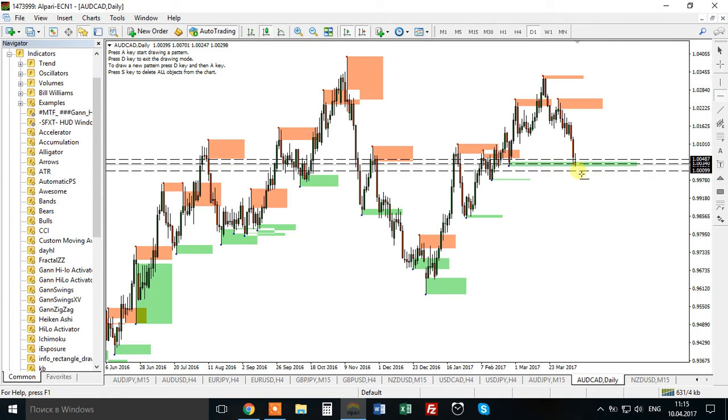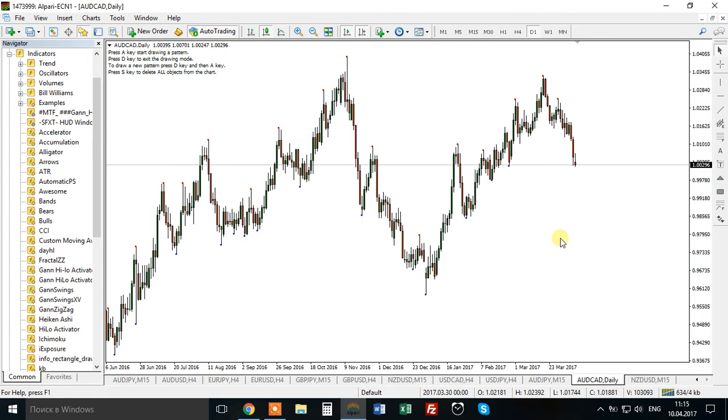So our zone became even more tight, like this, 1.000, something like this. So now it is more comfortable for us to find opportunities for trading. Okay, let me delete those zones from the chart.